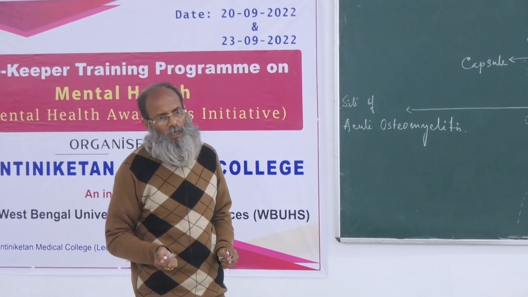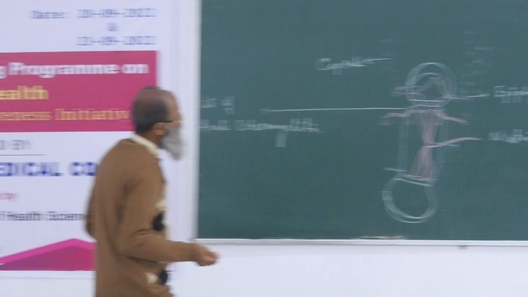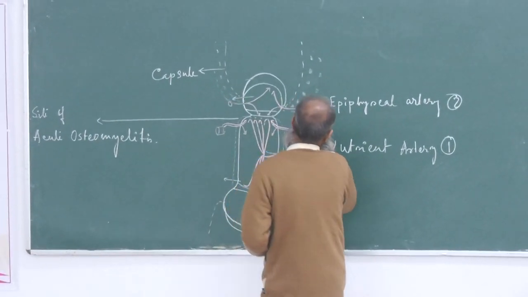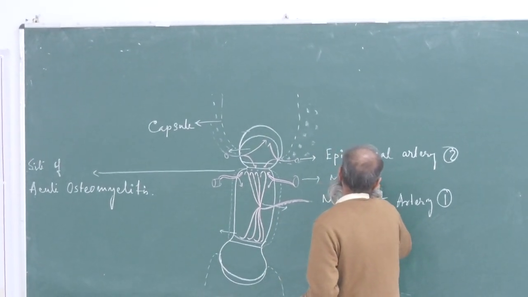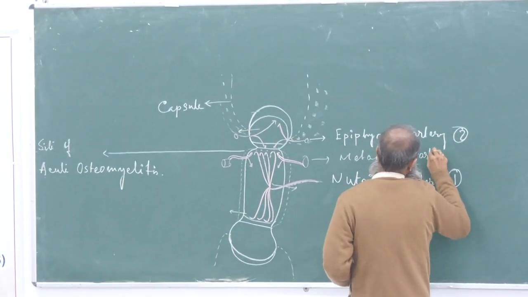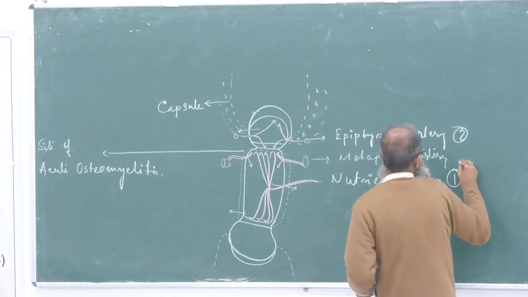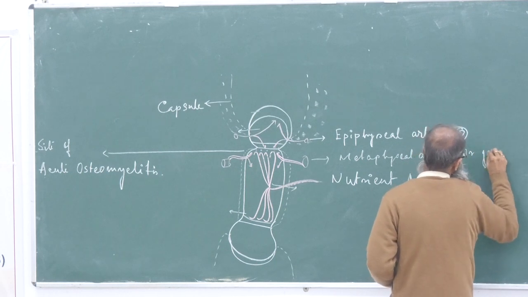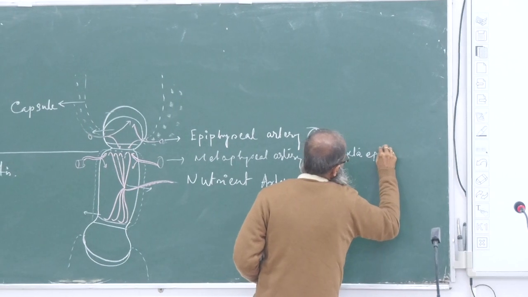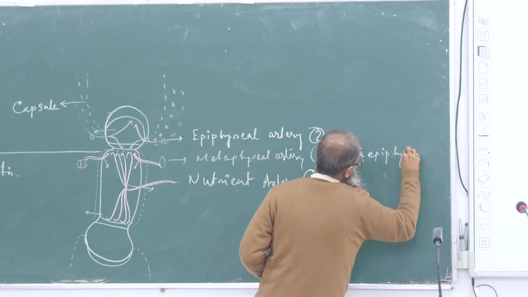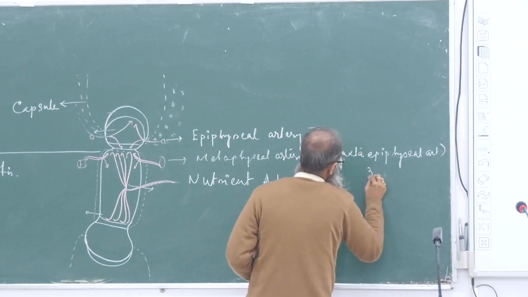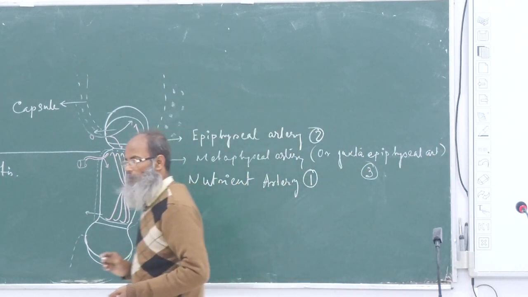This is called metaphyseal artery or the juxta epiphyseal artery. Third type of artery.